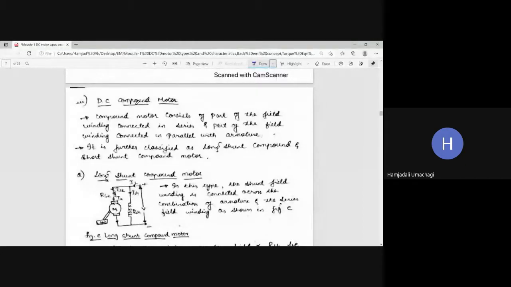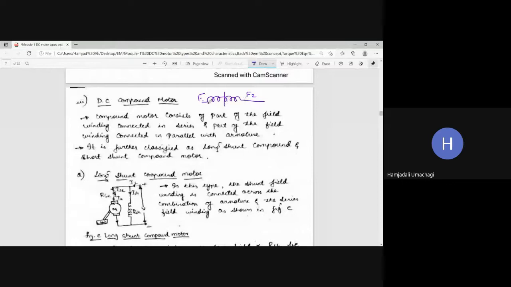Is it clear? If this is the entire field winding, F1 and F2, now what we are doing here is dividing the winding into an F1 half section and an F2 half section.